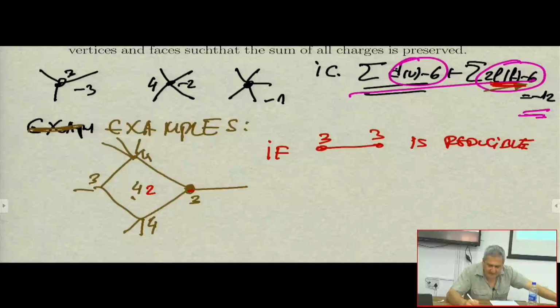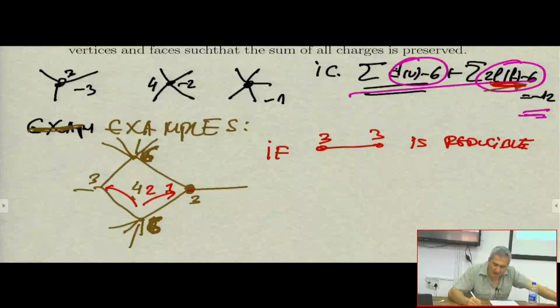Maybe let's say here 6. Then I can send here 1 and here 1, instead of sending 1/2.